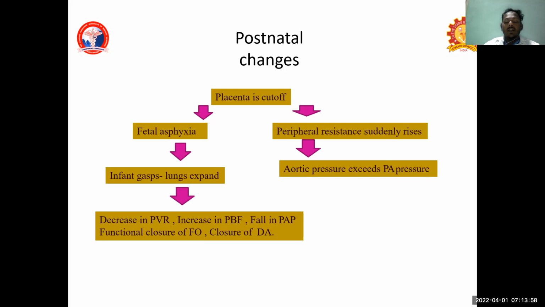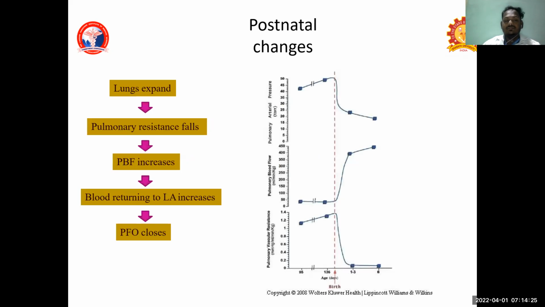This produces a functional closure of the foramen ovale and closure of the ductus arteriosus. Because of sudden cutoff of the placental flow, there is a sudden increase in peripheral vascular resistance and an increase in aortic pressure, and this exceeds the pulmonary arterial pressure.